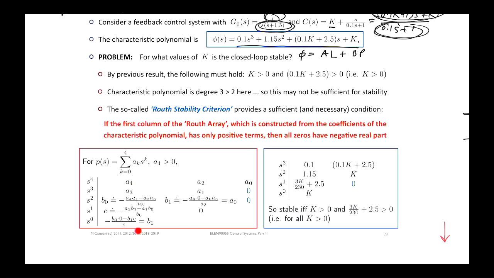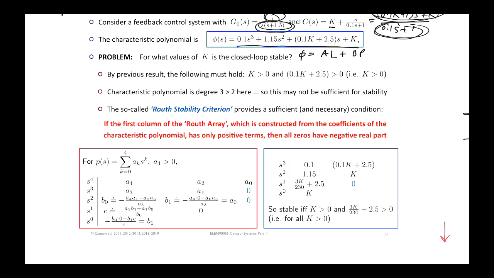If all of these have the same sign, then the polynomial has all of its zeros in the left half plane. Now you might end up having a 0 somewhere in the first column at some point. So let's say coefficient A3 was 0.